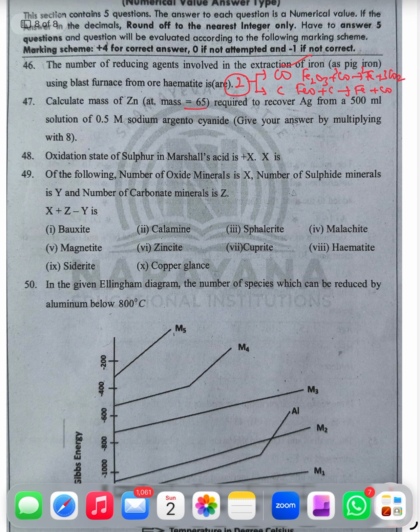In this, the hydrometallurgy process is used.